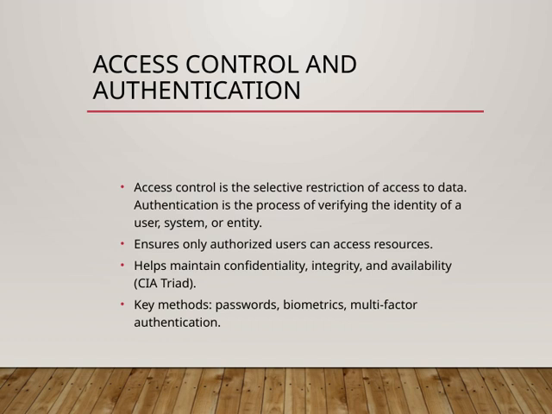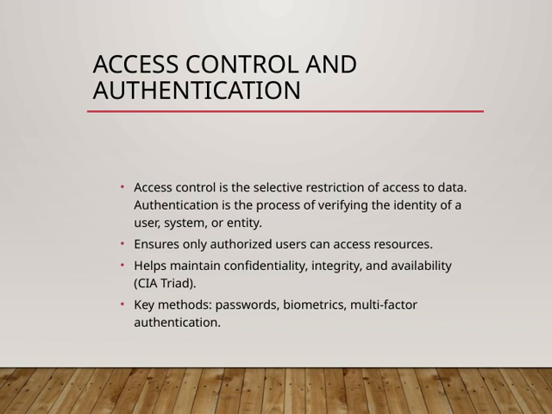This process ensures that only authorized users can access sensitive resources, which is crucial for protecting information. It helps us maintain the core principles of the CIA triad: confidentiality, integrity, and availability, making sure data stays private, accurate, and accessible to the right people.